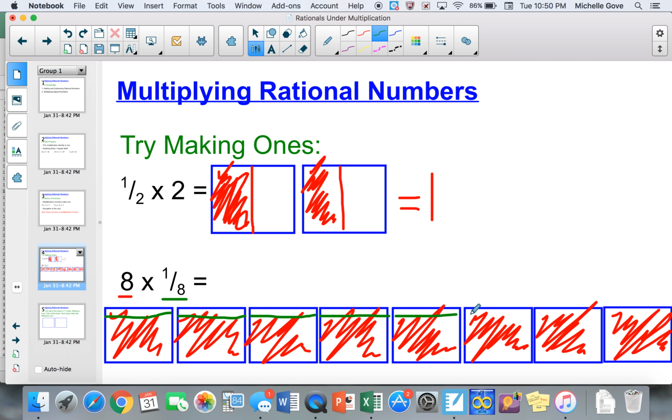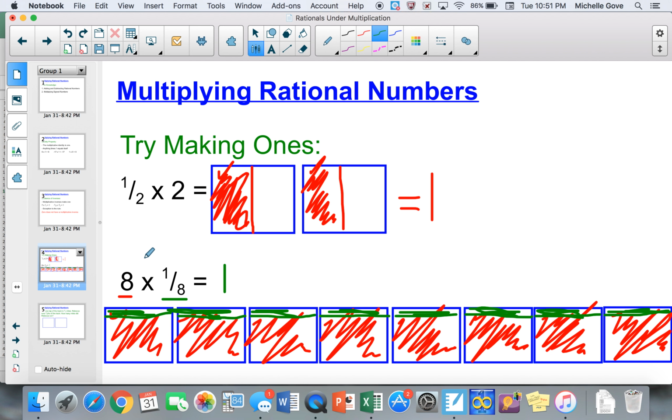We're going to split each box into 1/8. And if we look, we have 8 little pieces here. If we were able to, we could take these 8 little pieces, put them together, and it would create one full box. And so we know 8 times 1 over 8 is 1. This is true because they are a 1 pair, or we are multiplying a number by its reciprocal to make 1.